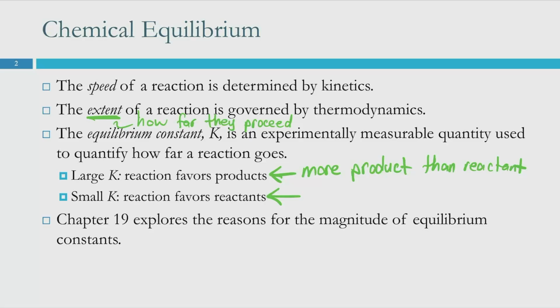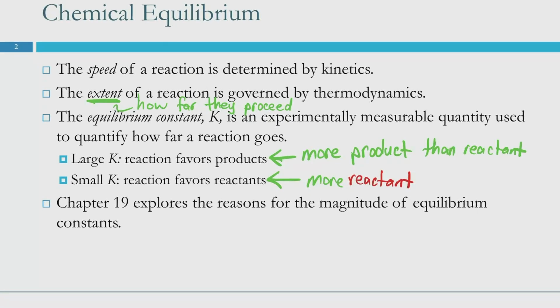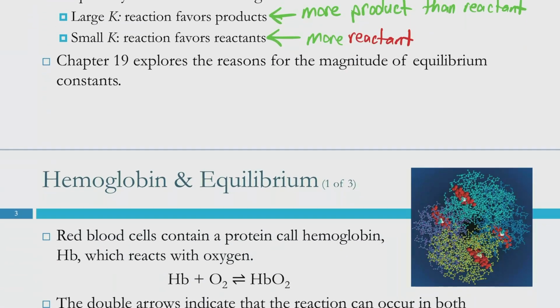So like 10 to the 19 would be a large K, and a small K might be 10 to the minus 6 or smaller. And we'll talk about some other things relating to that in a couple chapters.